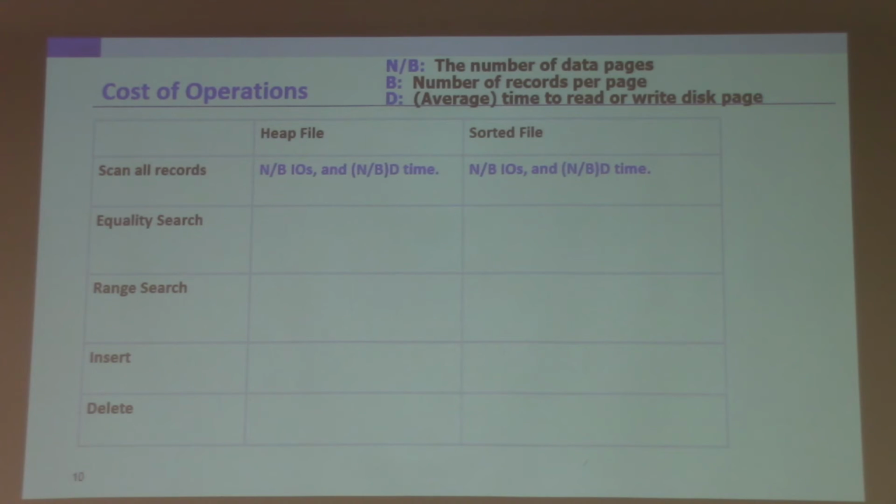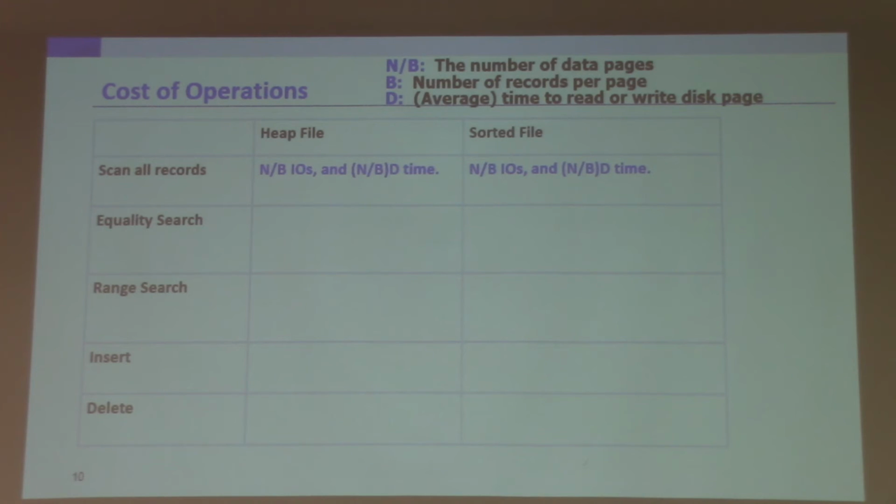What about you call the search over a sorted file? The naive solution will be, of course, we assume we have the assumption that the equality search is over the search key attribute.